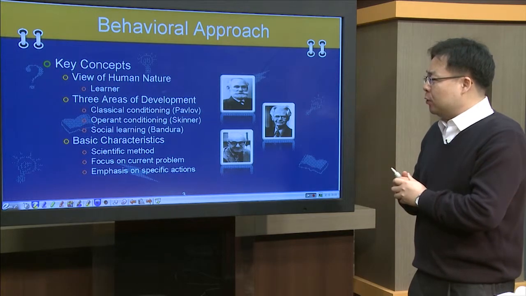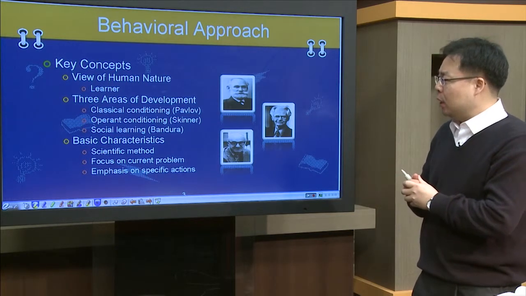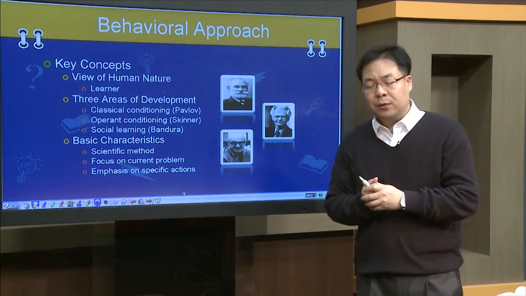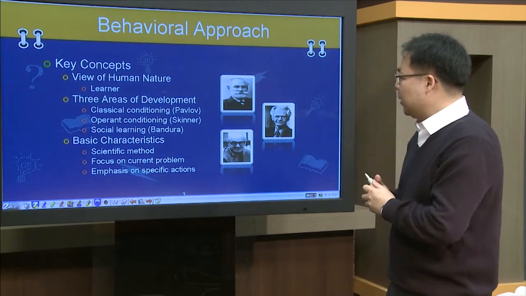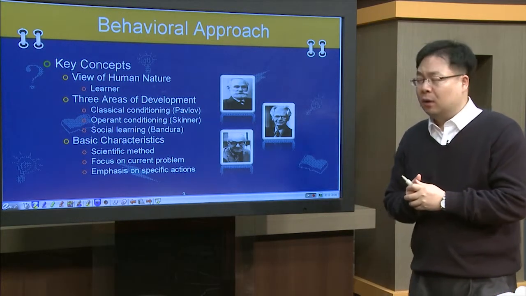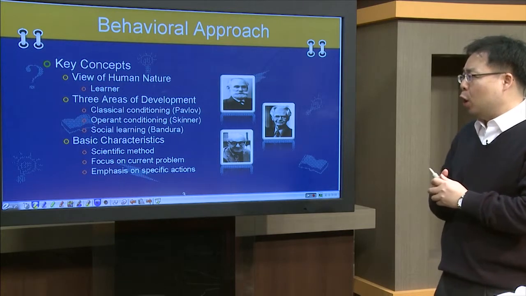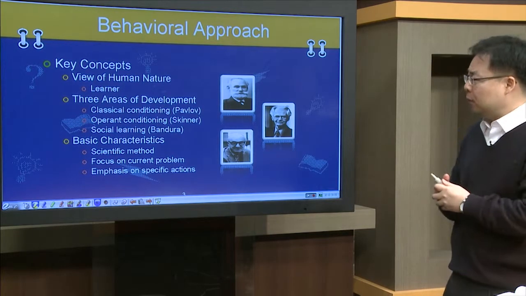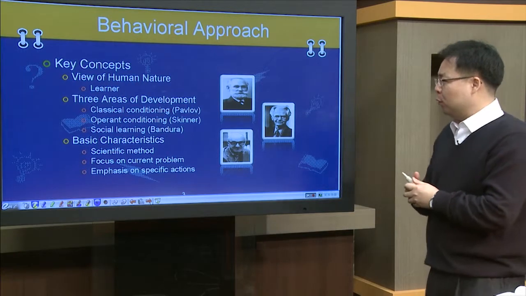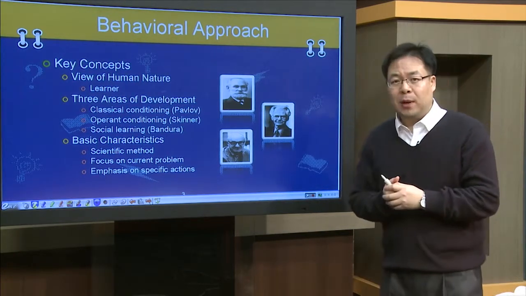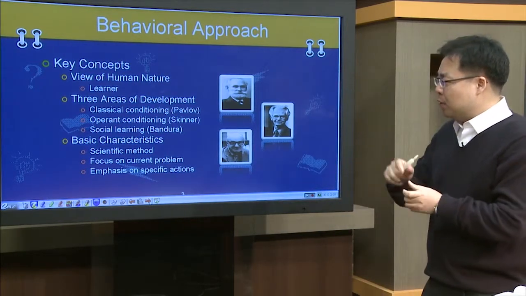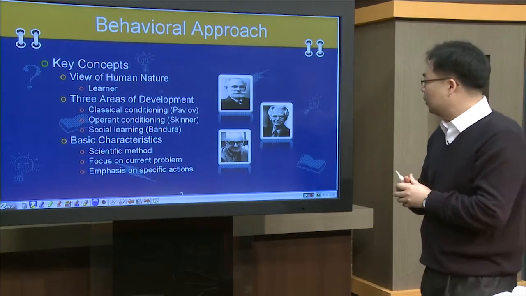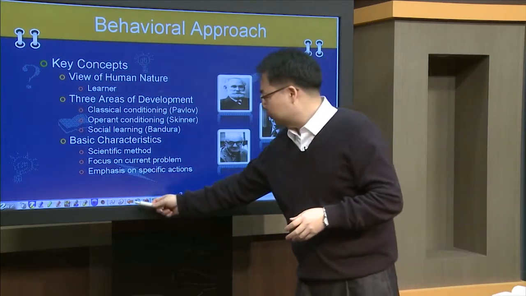In terms of development, I put down 3 major figures in behaviorism. The first one is classical conditioning by Pavlov. The second one is operant conditioning by Skinner. And the third person is social learning by Bandura. Let me explain each one by one.